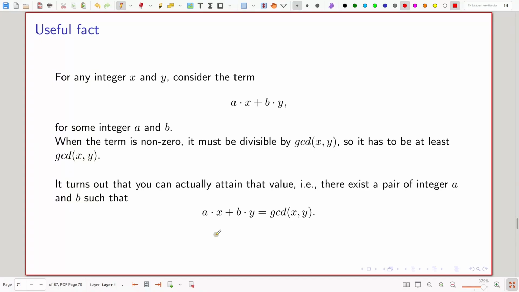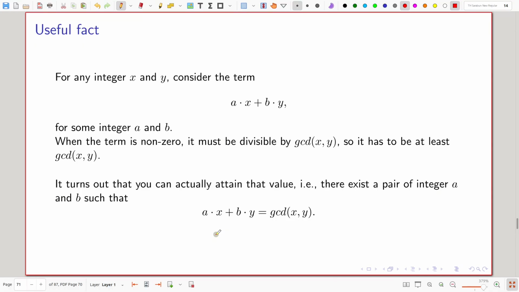So let's conclude our discussion. If this term is non-zero, it has to be divisible by the GCD because the GCD divides x and y, right? So if it's non-zero, then it has to be divisible by the GCD. So the GCD has to be at least this number, okay?